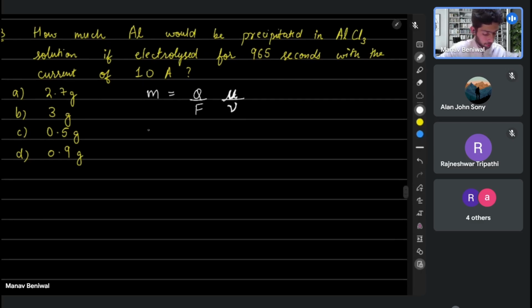And I'll also provide the atomic weight of aluminium. That is simply 27.